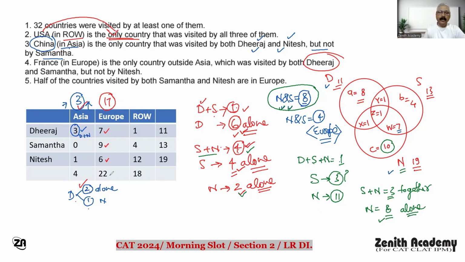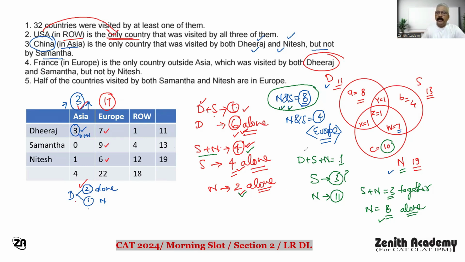So look here. Dheeraj alone 6. As Samantha visited 4 countries alone. So Samantha visited 4 countries alone. Okay, it is satisfied. I think every point is good.